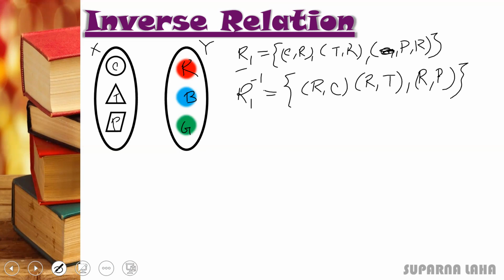That is, if (A, B) belongs to R1, then the corresponding element of the inverse is (B, A).